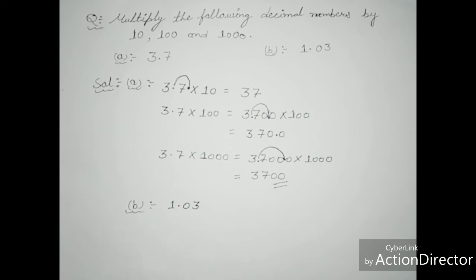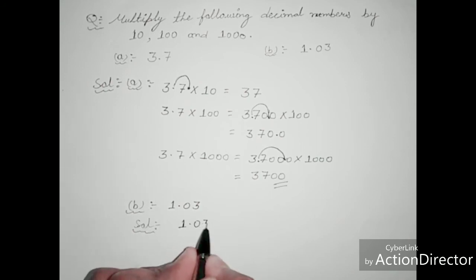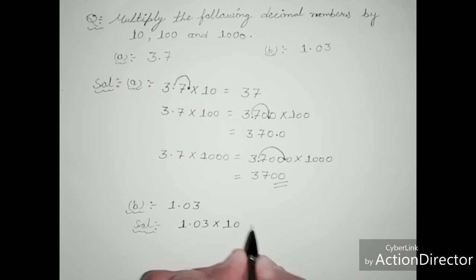So first we multiply 1.03 by 10, then 1.03 by 100, then 1.03 by 1000.